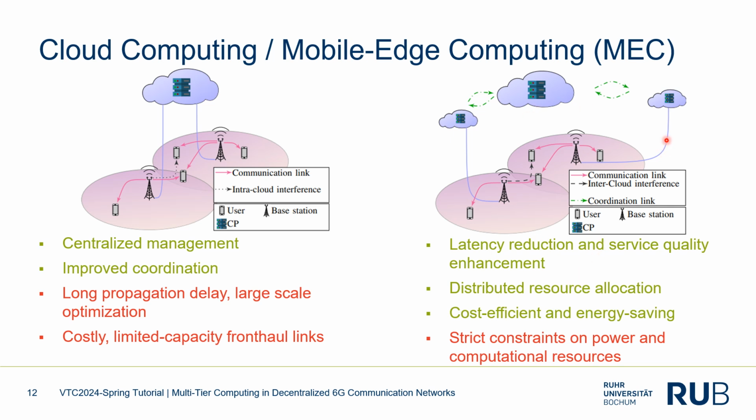The resource allocation is done in a distributed fashion, which achieves a cost-efficient, energy-saving resource allocation. However, there are strict constraints, particularly on both the power and the computation resources available at the edge, and of course at the central cloud as well.